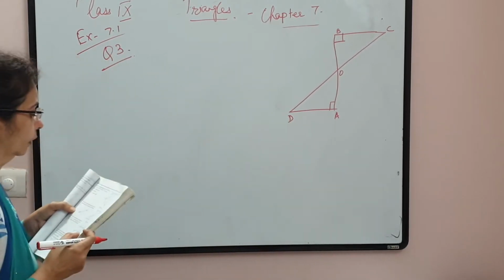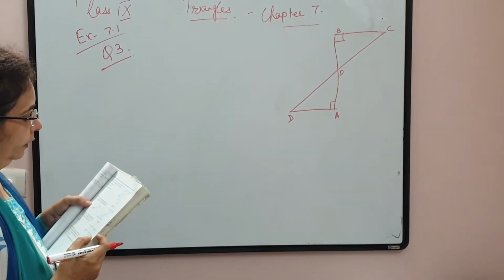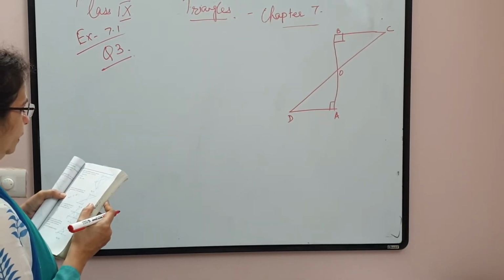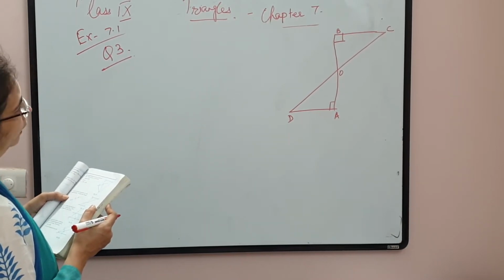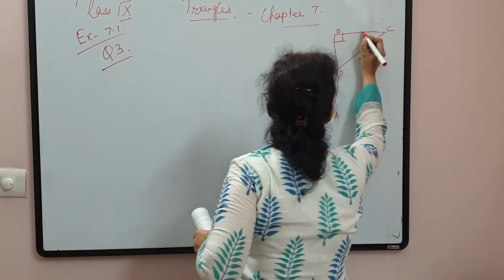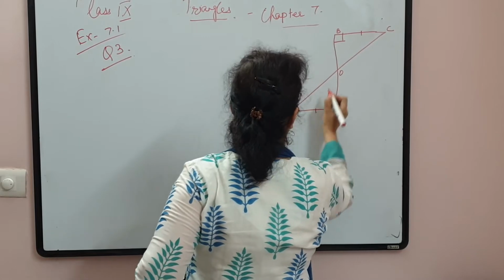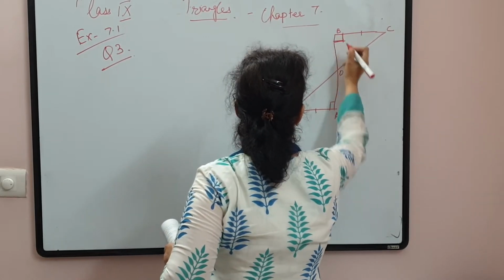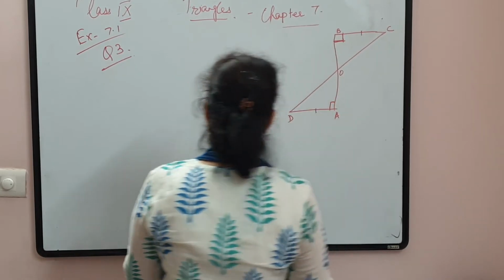Okay. AD and BC are equal perpendiculars to a line segment AB. They are equal perpendiculars, that means, children, this is equal to this. They are equal perpendiculars to line AB. So that means this angle is 90 and this angle is 90.